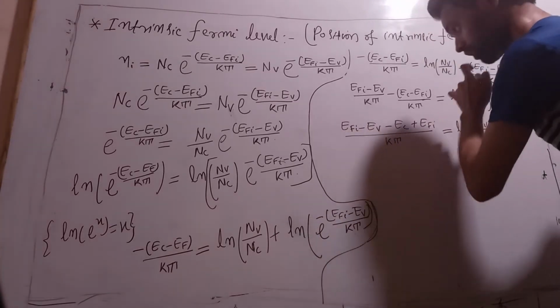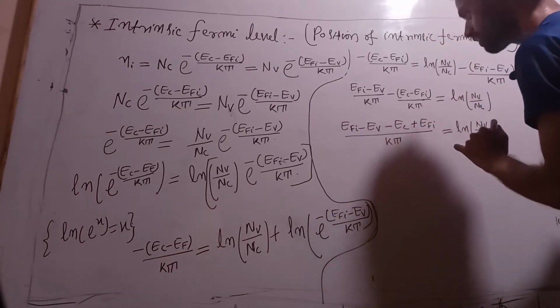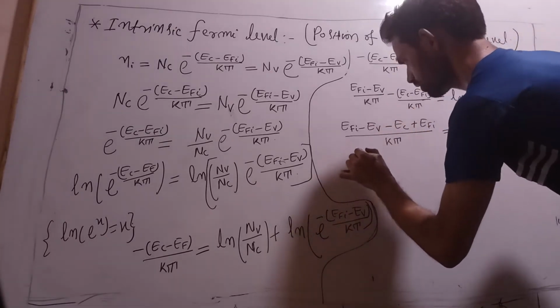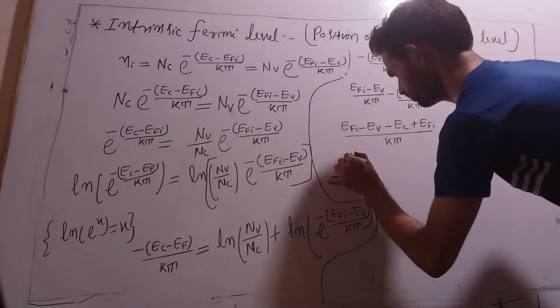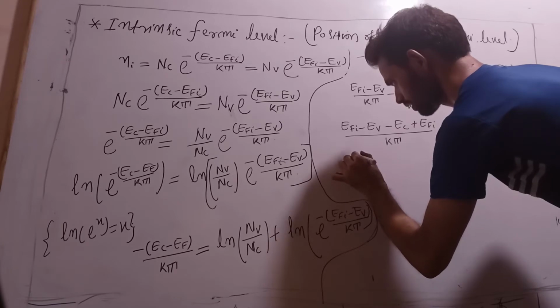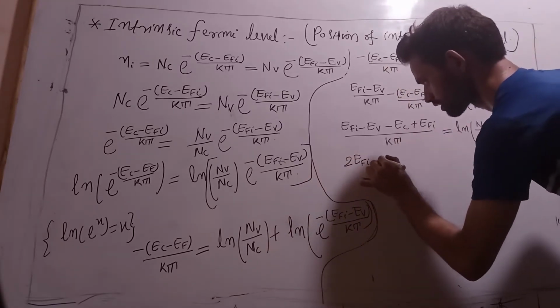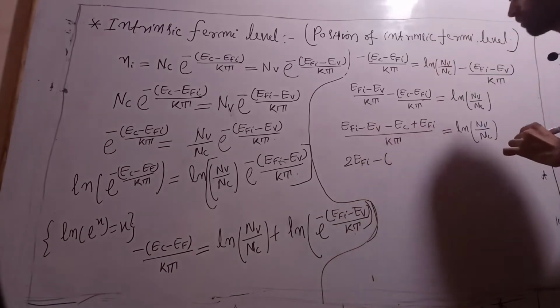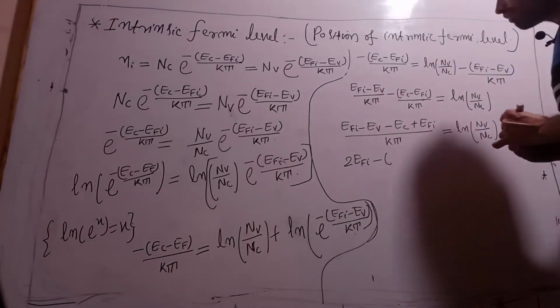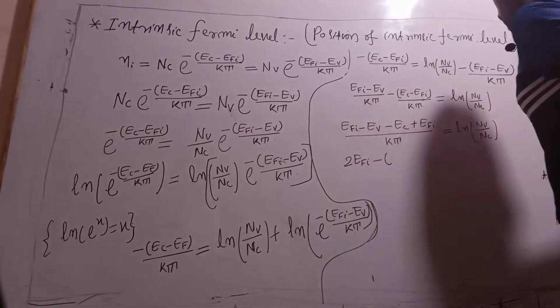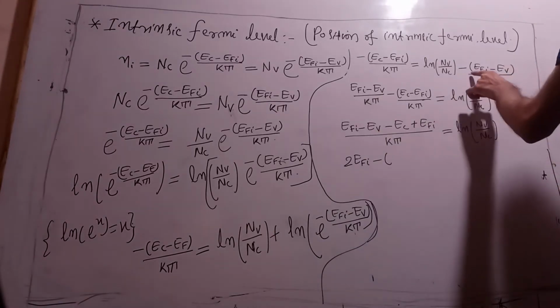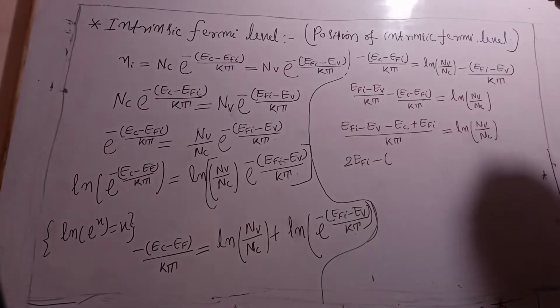Okay, so if you see here, Efi is two times Efi, minus Ev.